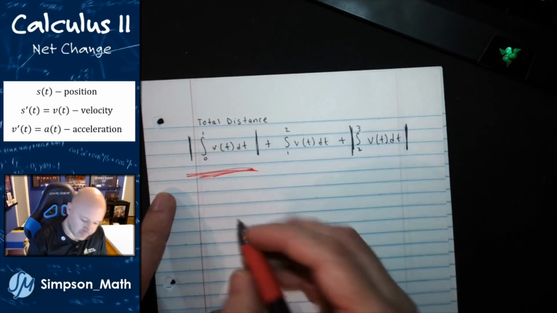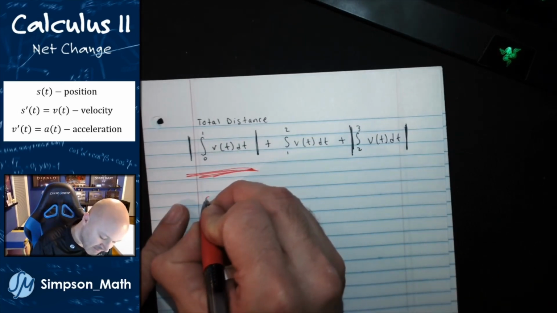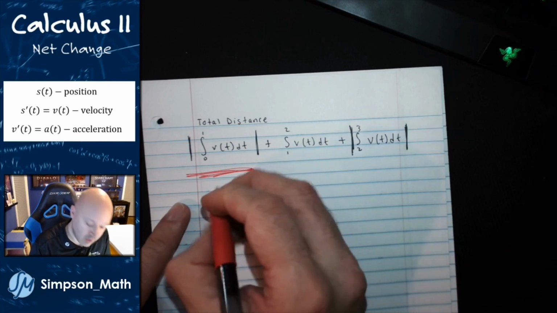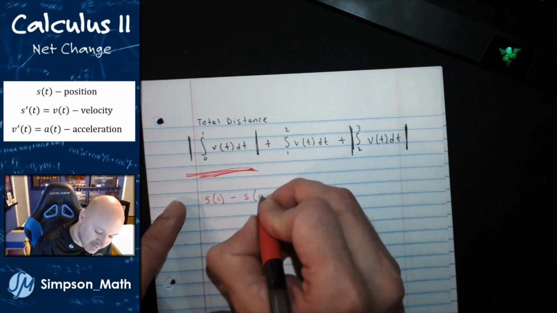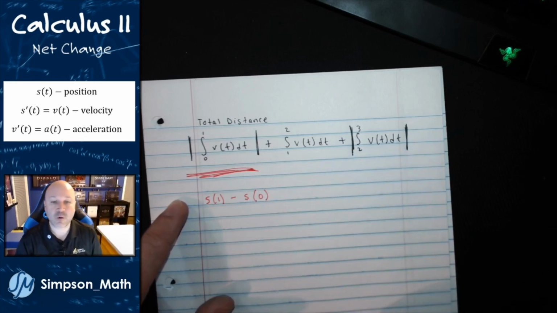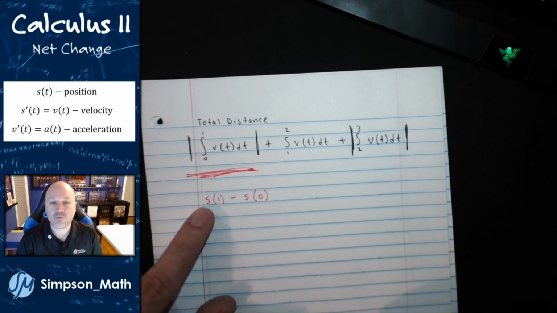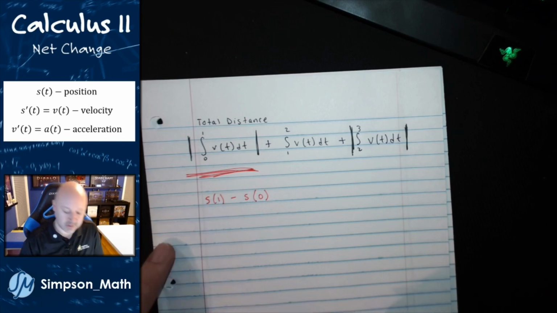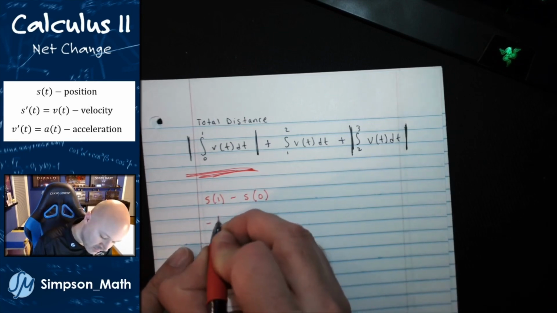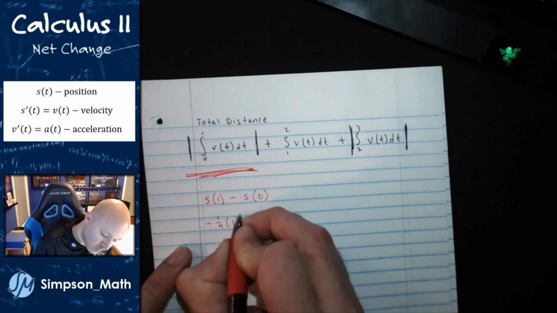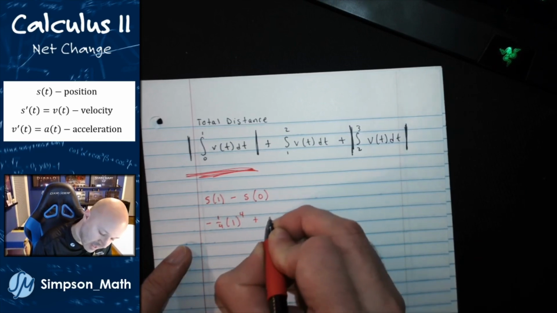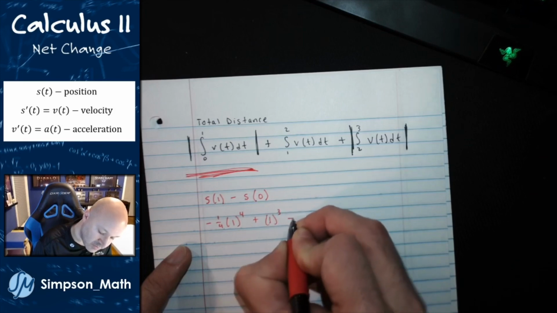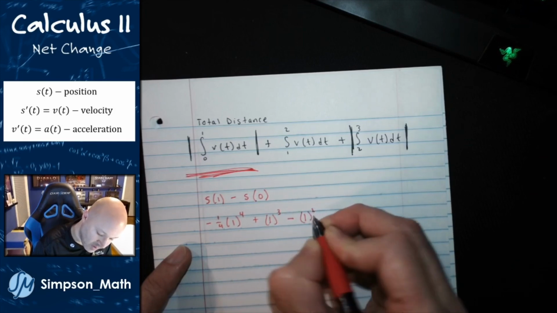If I want to do this, I need to find the antiderivative, plug in a 1, and subtract the antiderivative at the lower bound 0. I found this already, so I'm just going to plug in a 1. This is negative 1/4 times 1 to the 4th power plus 1 cubed minus 1 squared.